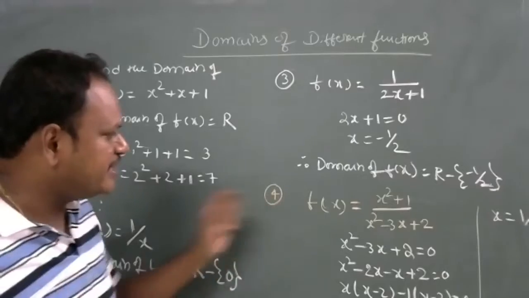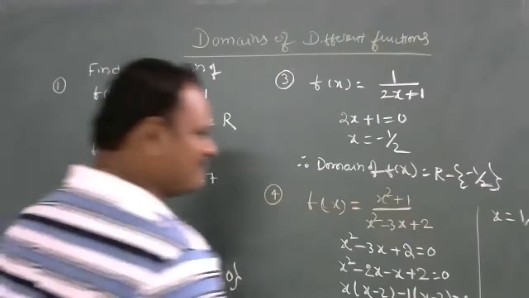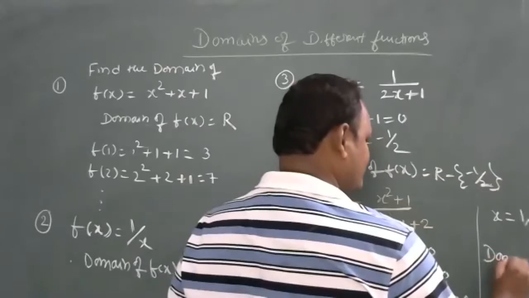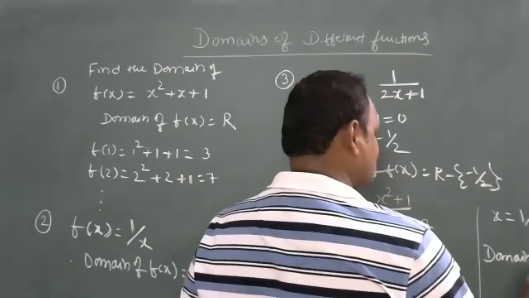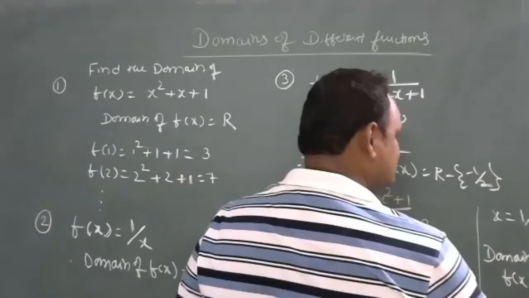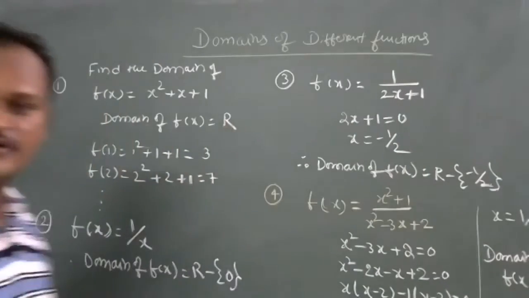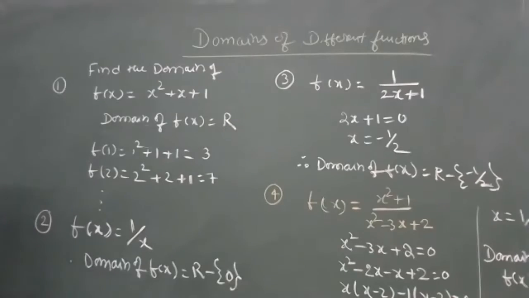That's why the domain of f of x is equal to R minus of 1 comma 2. I think it is right.